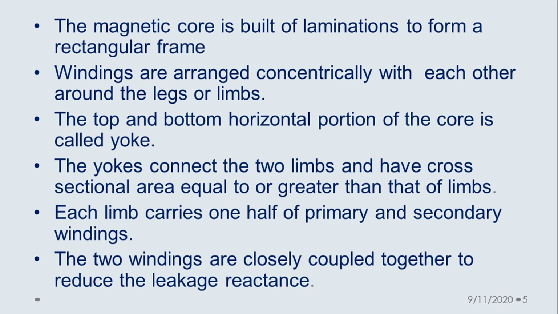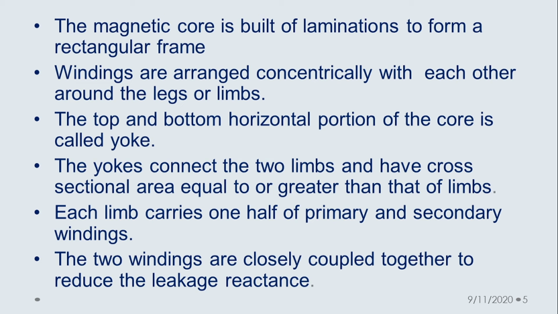The two windings are closely coupled together to reduce the leakage reactance. What is leakage reactance? The primary winding will be connected to the single phase AC supply, so flux will be generated by the primary winding. In the ideal case, all the flux generated in the primary winding will link to the secondary winding.